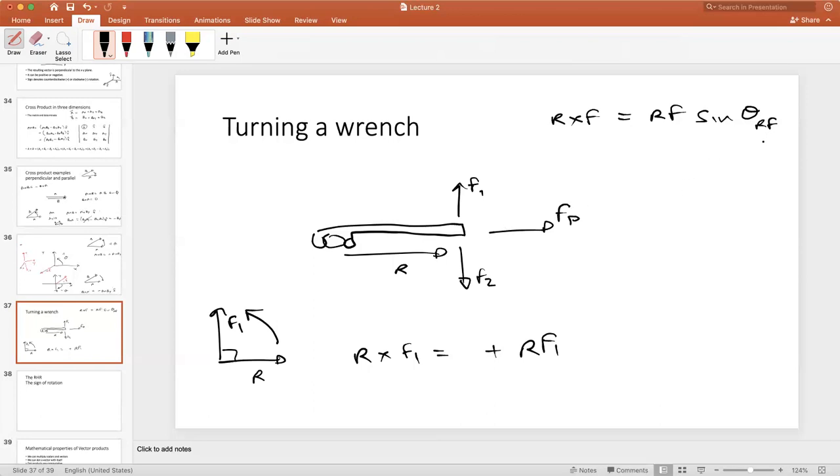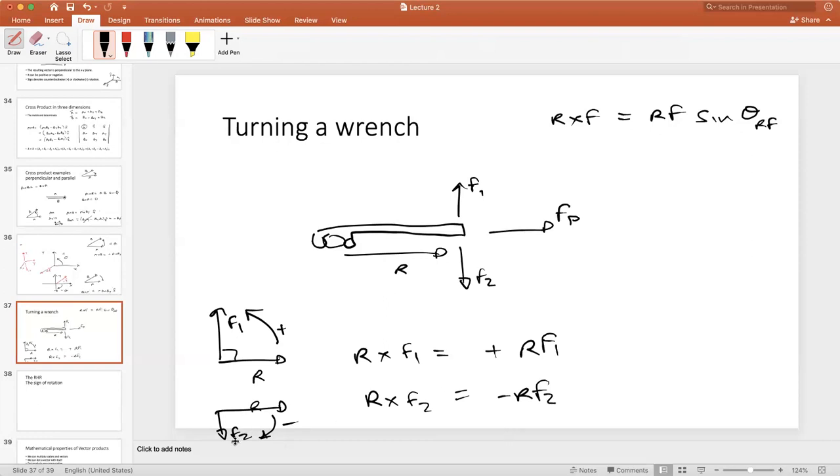And RF sine of that angle, sine of 90, is RF1. If I try to rotate it with F2, which I'm going to do here, so my R and my F2, I'm rotating negative. So I get negative R F2.